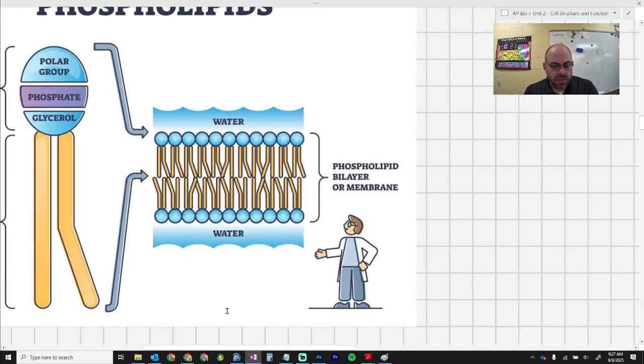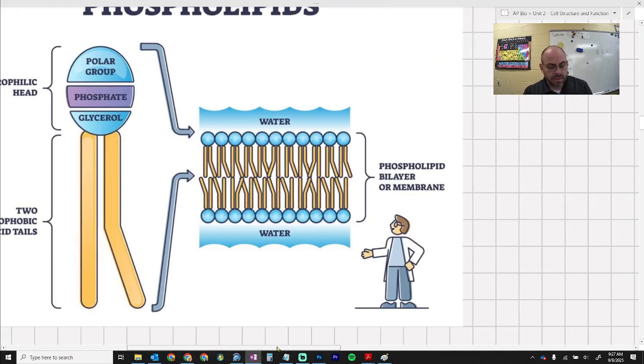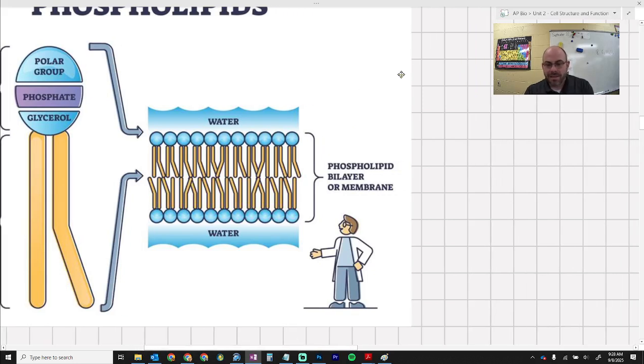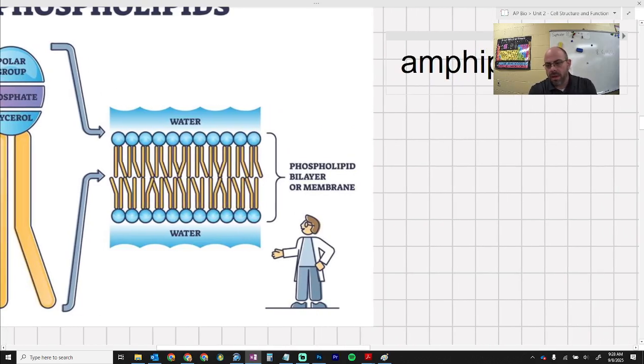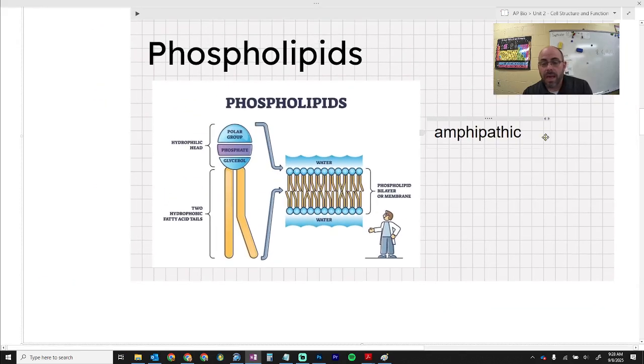Another word that you'll see used for phospholipids is the term amphipathic. And I'm going to just go ahead and type the term amphipathic here. I need to find it on my notes because spelling is not my strong suit. Amphipathic, right? And this is the term that means that they are both hydrophilic and hydrophobic.